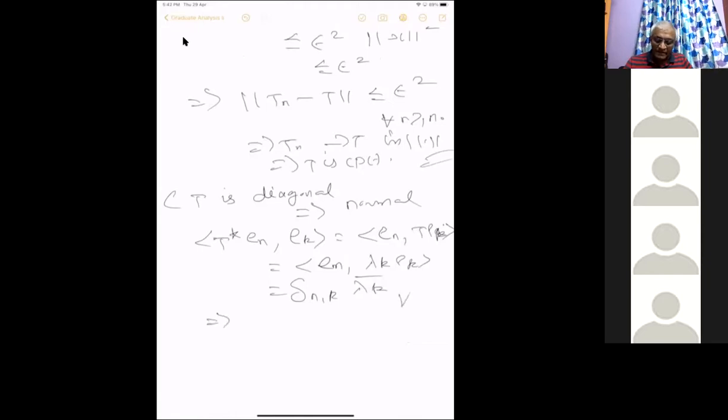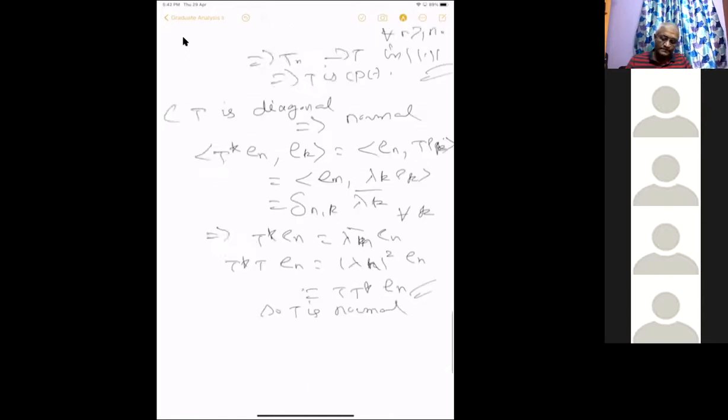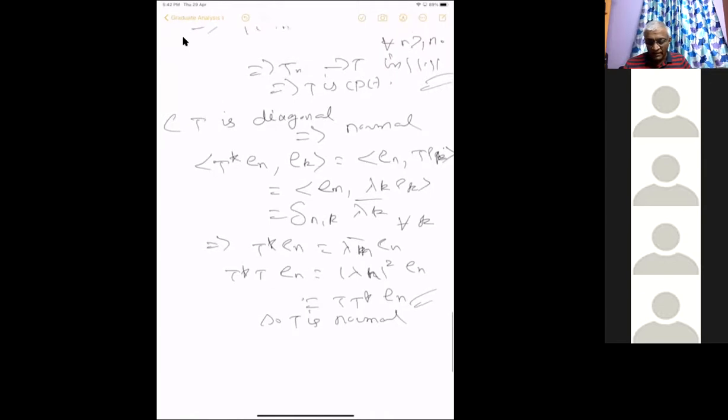This is true for all k in the orthonormal basis, so this implies T star e_n equals lambda_n bar e_n. That's the only possibility. So now T star T e_n equals |lambda_n| squared e_n, which equals T T star e_n. So T is normal. If it is diagonal, it's automatically normal.